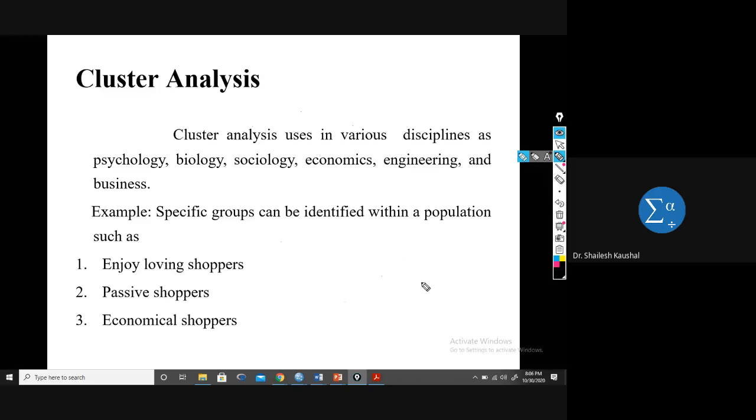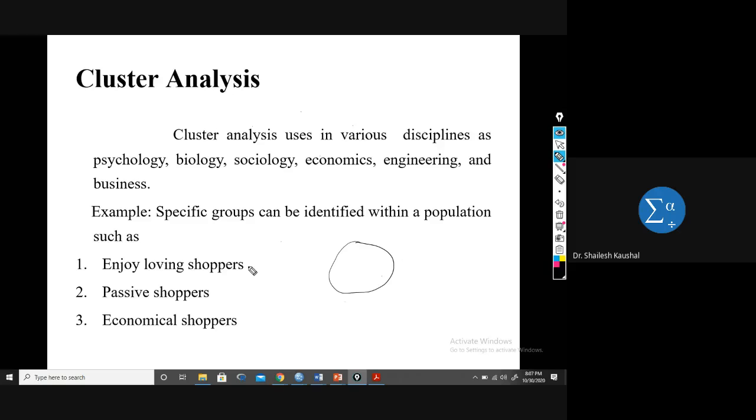Like in a shopping mall, generally people visit, and the nature of the people in a shopping mall may be different. It's a heterogeneous type of buyers, but some people are the same in nature on the basis of some characteristics.